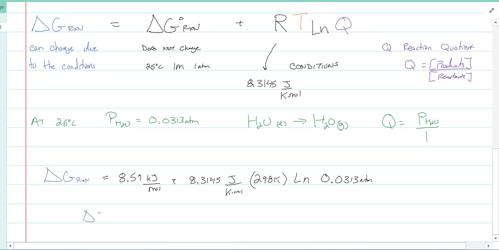That gives us a delta G of the reaction equal to about 0.